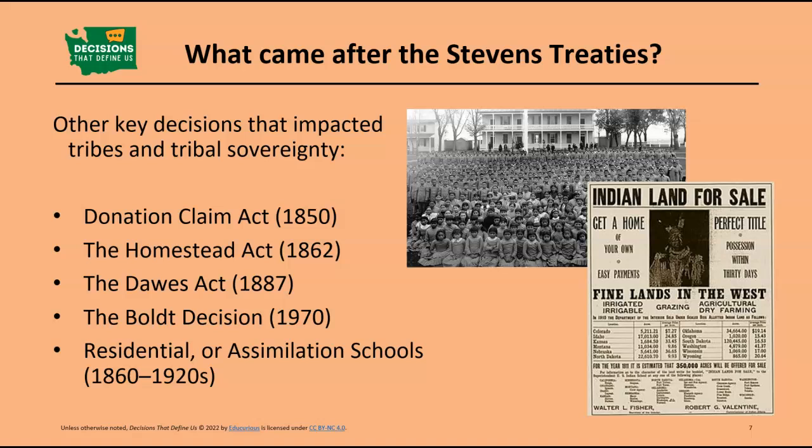Right? And it gets modified a little bit over the years, and it's in place until about 1934. So there are a fair number of reservations that get gotten rid of, and a lot of land that gets disposed of under the Dawes Act, but not all of it.